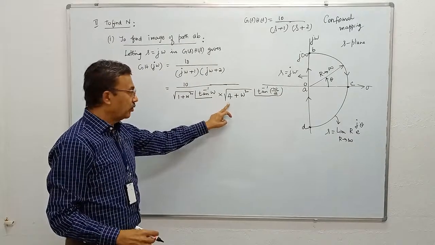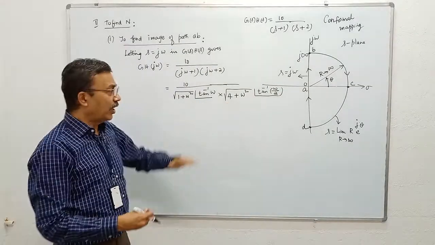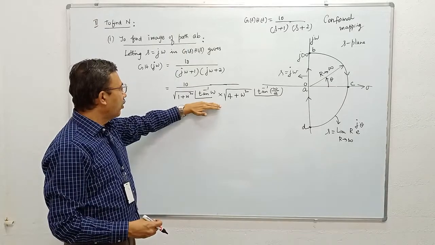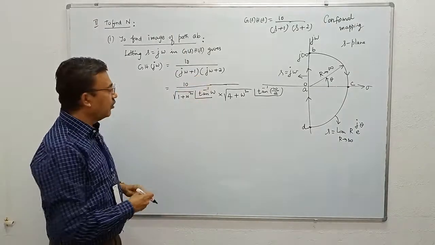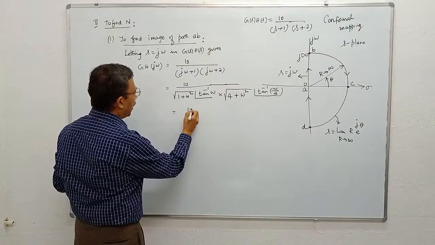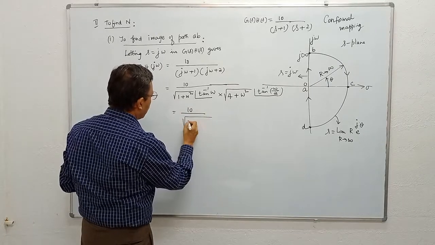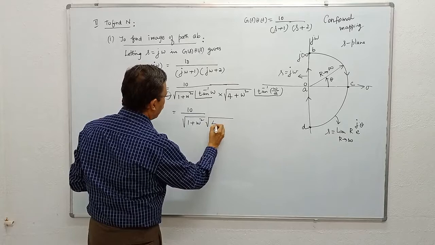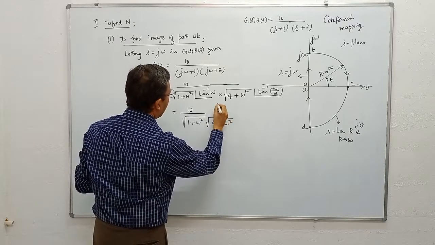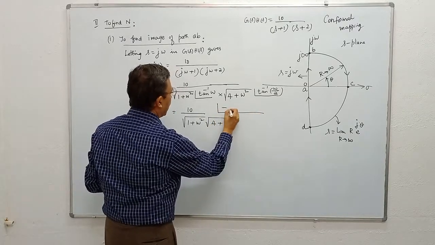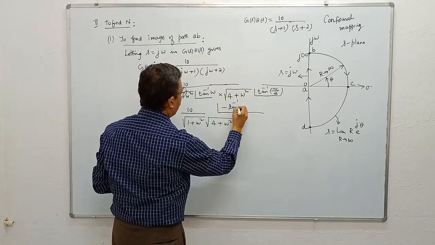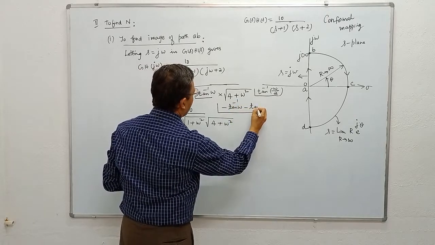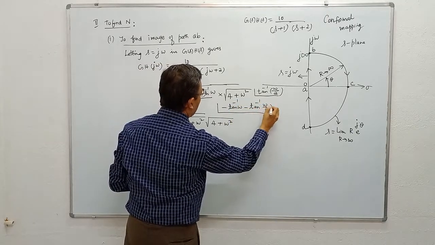Multiply the magnitudes, add the angles. When the angle is transferred from the denominator to numerator, it takes a minus sign. So you get 10 divided by square root of 1 plus omega square into square root of 4 plus omega square. Angle is minus tan inverse of omega minus tan inverse of omega by 2.